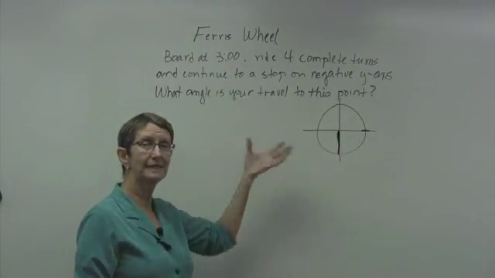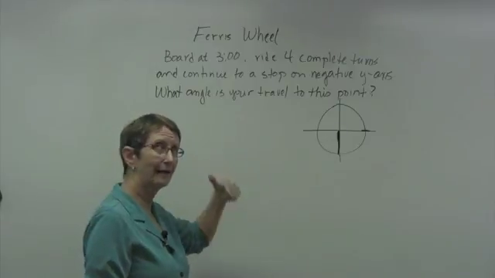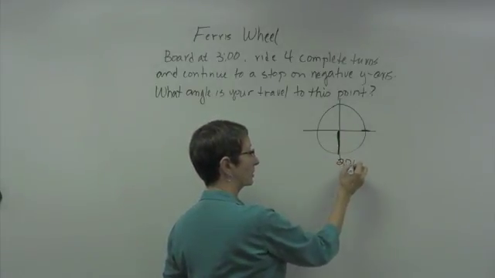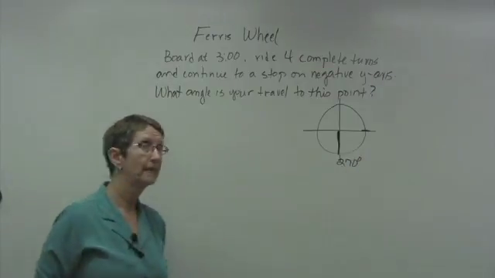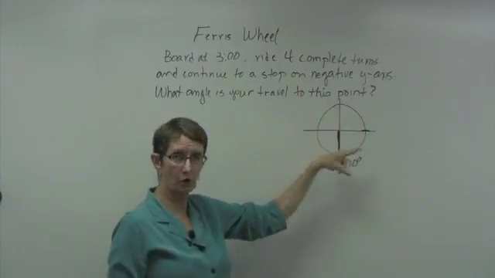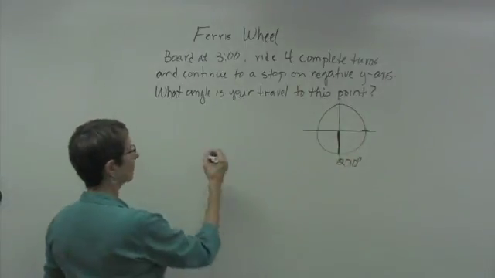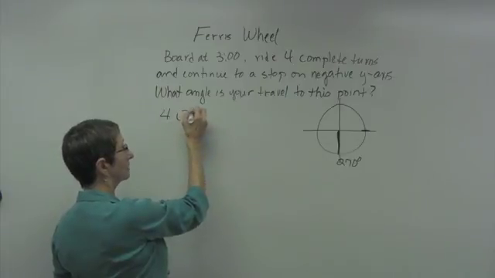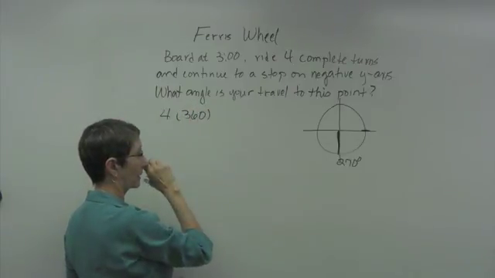We know, since this is about the angles on the axes, that this angle down here should be 270 degrees. So how far did we completely travel from start to finish? Well, if we went around 4 complete turns, that was 4 times 360 degrees.